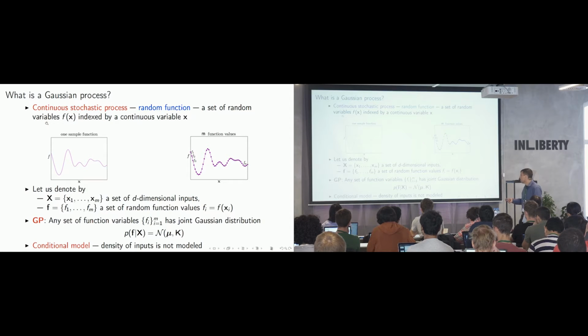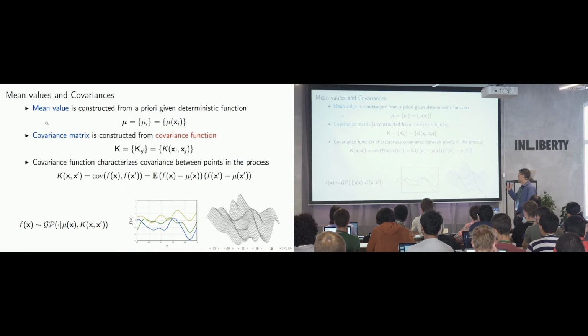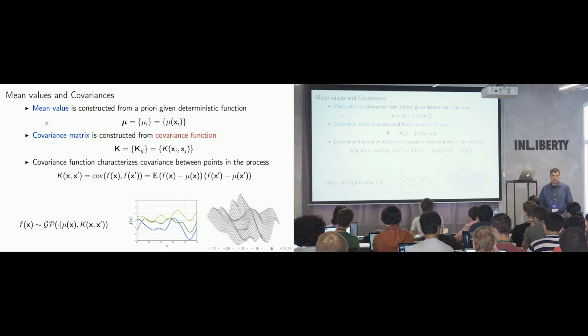This is the definition of the Gaussian process. And the first assumption is that the values of this mean vector are given by some deterministic function mu of x. In many applications and in examples throughout the lecture, I will consider the case when mu of x is equal to 0 for simplicity. But of course, in different applications, you can set mu of x equal to some deterministic function.